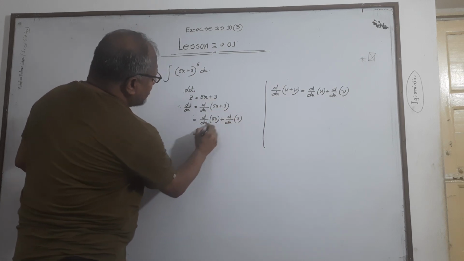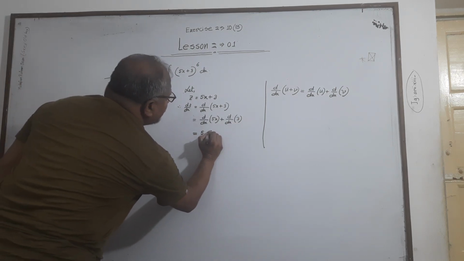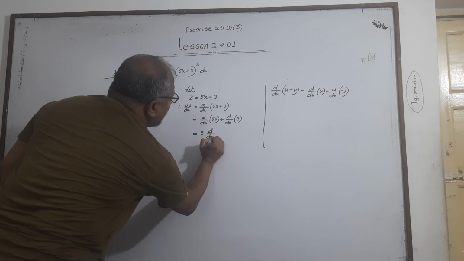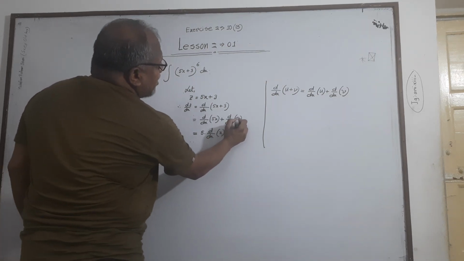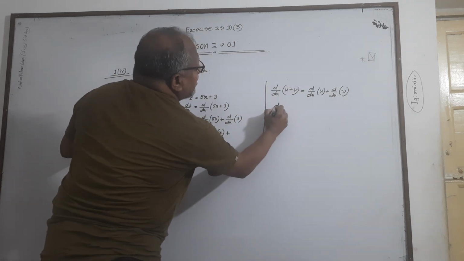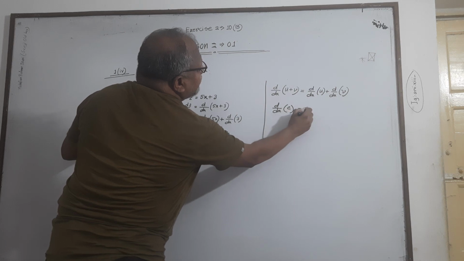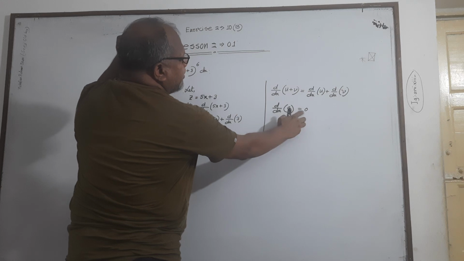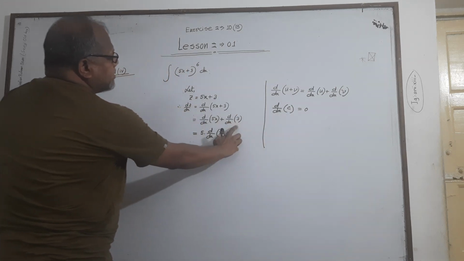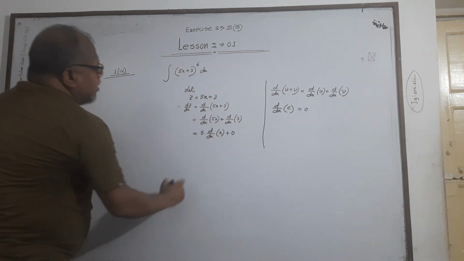So here 5 is a constant number. A constant number has no differentiation. So 5 into d dx of x plus d dx of 3, which is a constant number. I mentioned previously d dx of c is equal to 0. That means d dx of any constant number is equal to 0. So here 3 is a constant, so d dx of 3 is equal to 0.